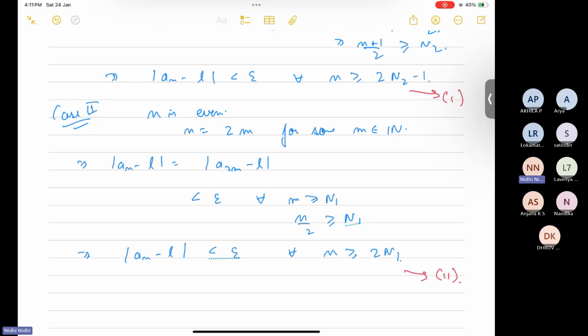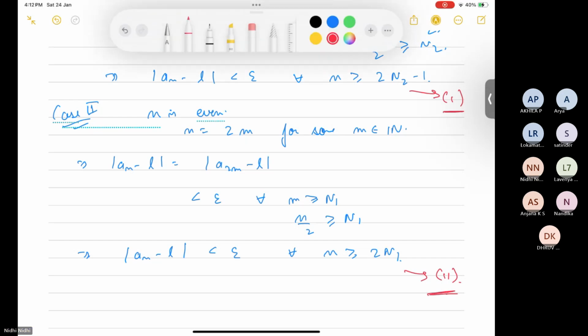From first and second, we can say that if n is greater than or equal to the maximum of 2n2 minus 1 and 2n1, in that case, mod a_n minus l is less than epsilon. See, the first equation says that mod a_n minus l is less than epsilon only if n is greater than or equal to 2n2 minus 1. And this one says that this happens only when n is greater than or equal to 2n1. So if I take n to be greater than the maximum of both terms, both the cases can be included, and eventually we'll get mod a_n minus l less than epsilon.